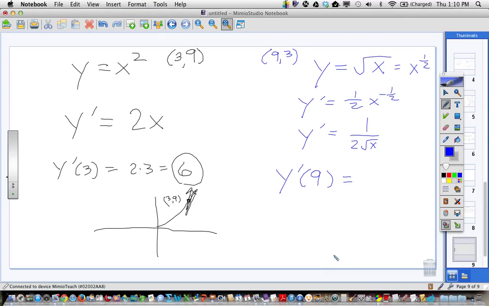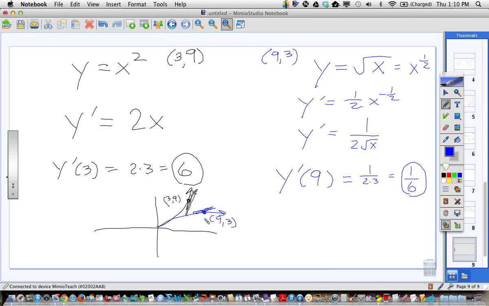That's kind of what I was trying to get at there. What's the y prime of 9? You put a 9 in here, you'd have square root of 9 is 3. 2 times 3, 1/6. Now, think about the square root graph out here at the point (9, 3). It has a slope of about 1/6. So that looks somewhat like the picture that I just showed you from the book, okay?